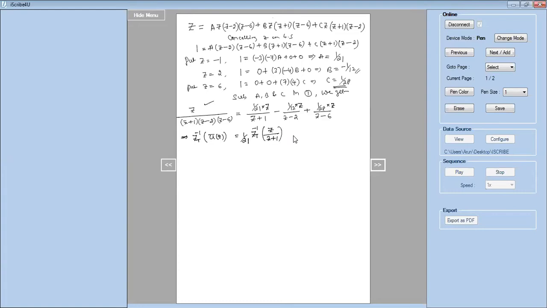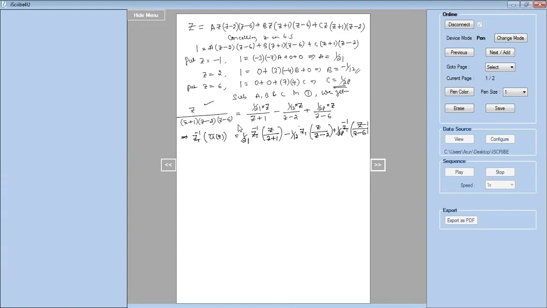Similarly, second term, minus 1 by 12 into ZT inverse of Z by Z minus 2. And last term, plus 1 by 28 into ZT inverse of Z by Z minus 6.